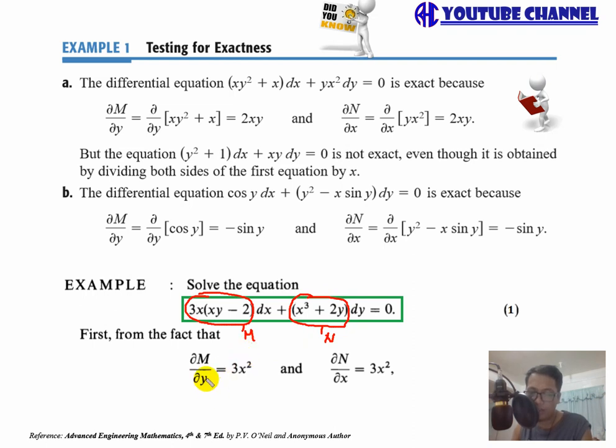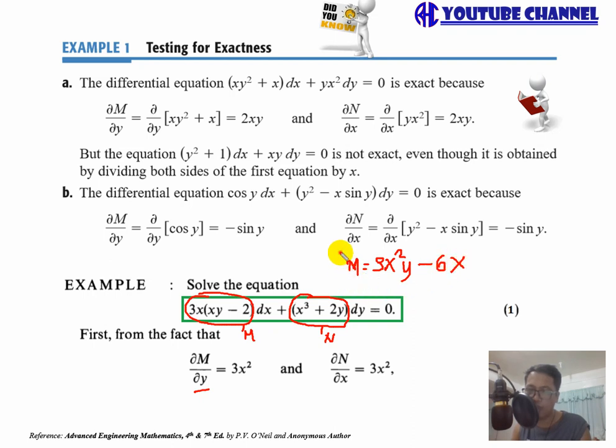Okay, check natin yung first derivative ng M with respect to y. So, yung M natin is 3x. I-multiply ko na lang yung 3x dun sa quantity na term. So, magiging y minus 6x.